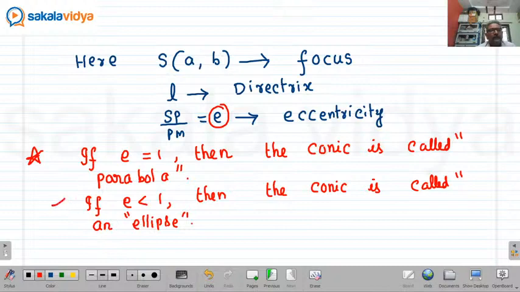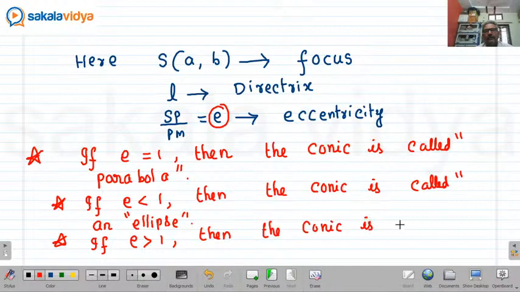Suppose E is greater than 1, then the conic is called a hyperbola. Based on the E value only we decide which type of conic it is.